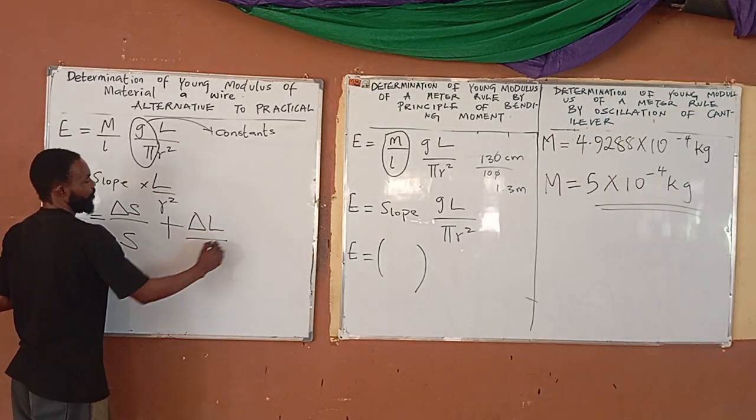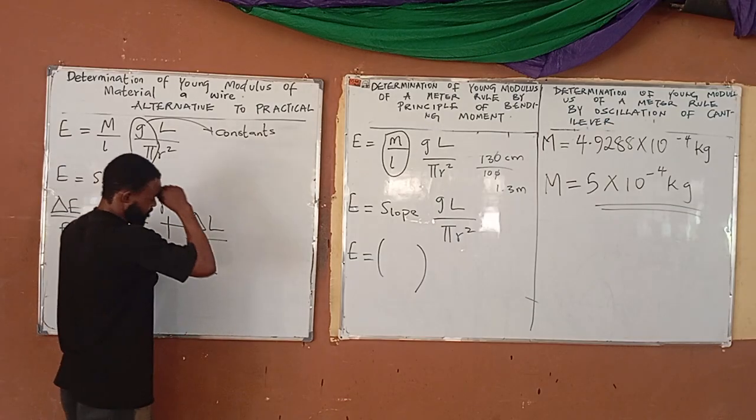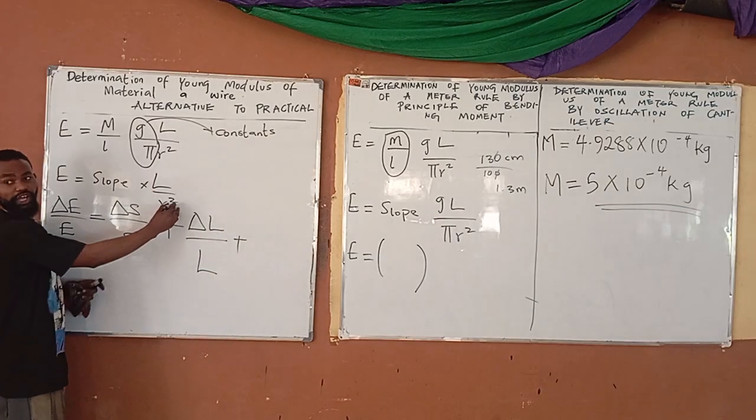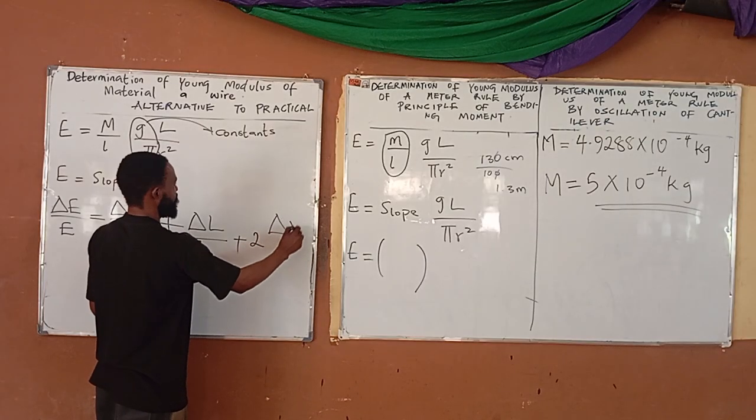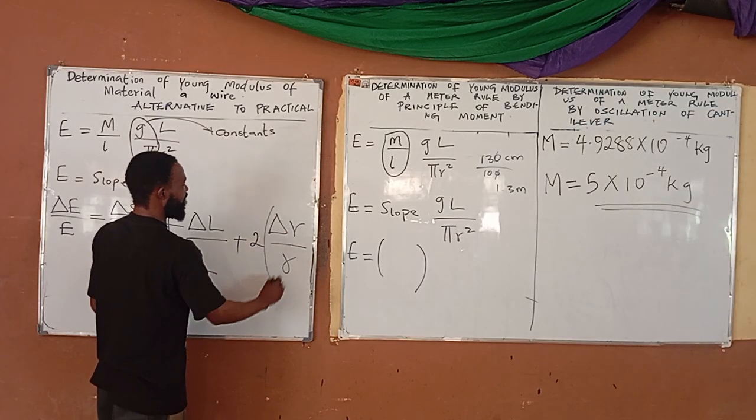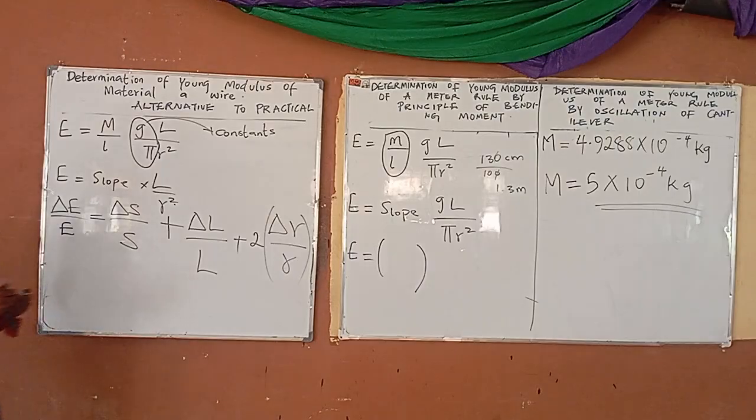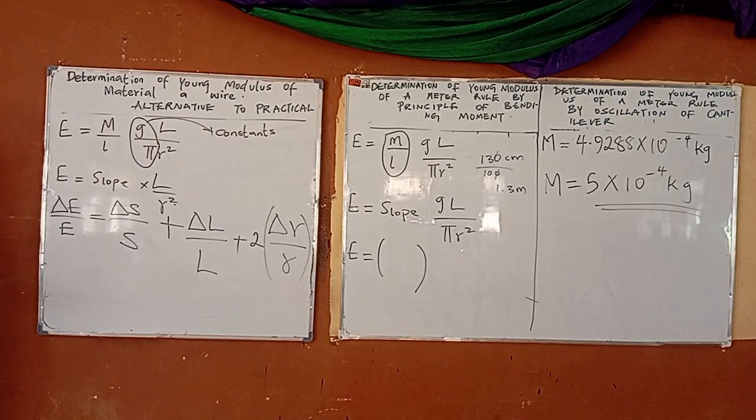Change in L over L plus, this is 2, Shebi. What will I do? That means you plant it. So please, this is how we do it. This is the equation. Then we are going to do it together because I don't like class half and half.